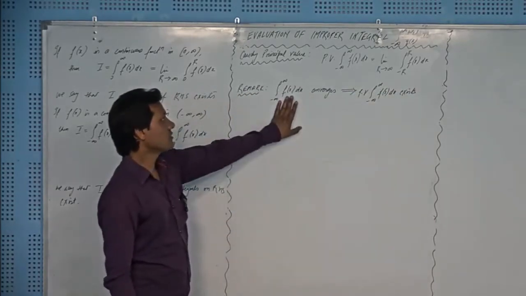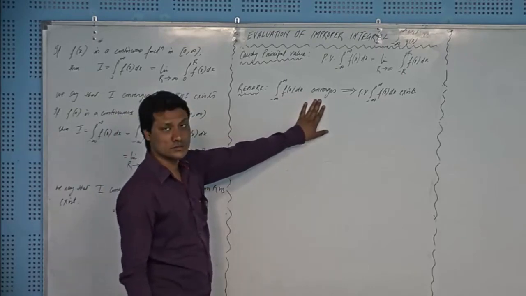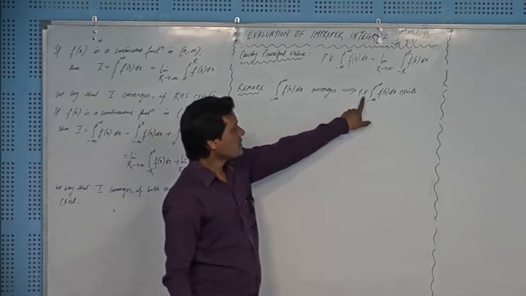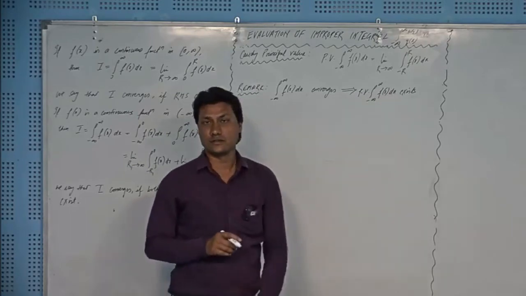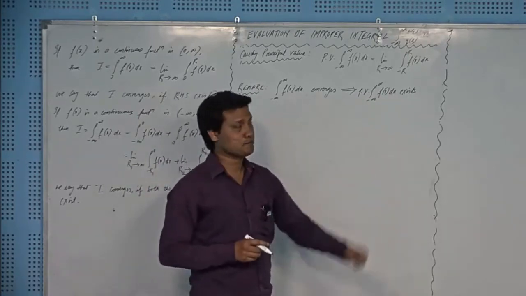So whenever this improper integral converges, then the principal value of this integral always exists, right? But the converse is not true, right?